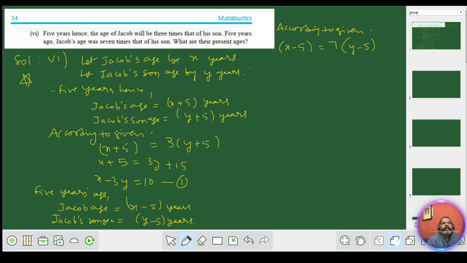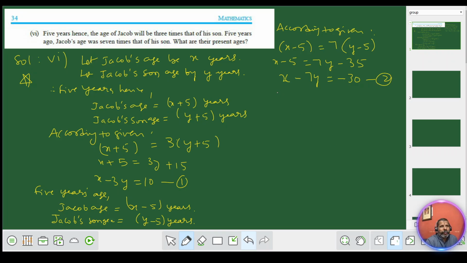Now open the bracket and make the equation ready. x minus 5 equal to 7y minus 35. Take 7y to the left-hand side, it becomes x minus 7y equal to minus 35 plus 5, which becomes minus 30. This is the second equation.